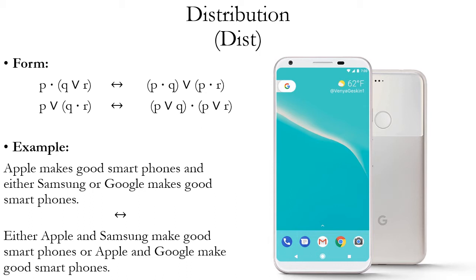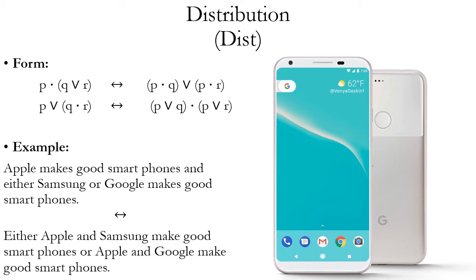So let's look at a natural language example. Apple makes good smartphones, and either Samsung or Google makes good smartphones. That's logically equivalent to either Apple and Samsung make good smartphones or Apple and Google make good smartphones. The reason why it makes sense to regard those as equivalent, if you look at the first version, you're saying that Apple definitely makes good smartphones.